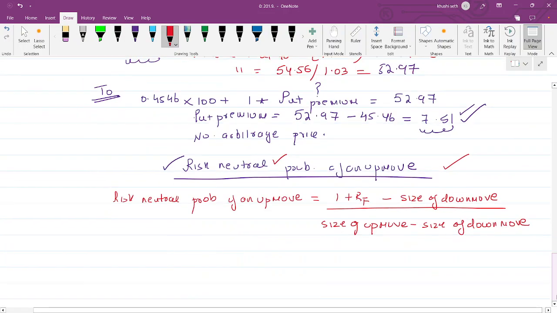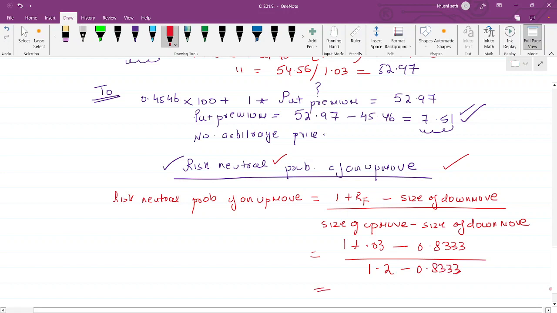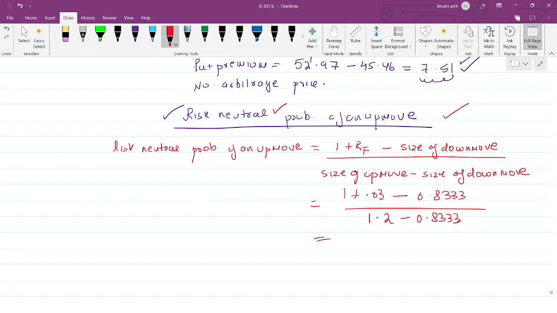So I'm going to just feed all of this. We are assuming a risk-free rate of 3%, so 1 plus 0.03. Size of the down move is 0.833, and size of up move is 1.2 minus size of down move. So calculate the risk neutral probability of an up move in the underlying.